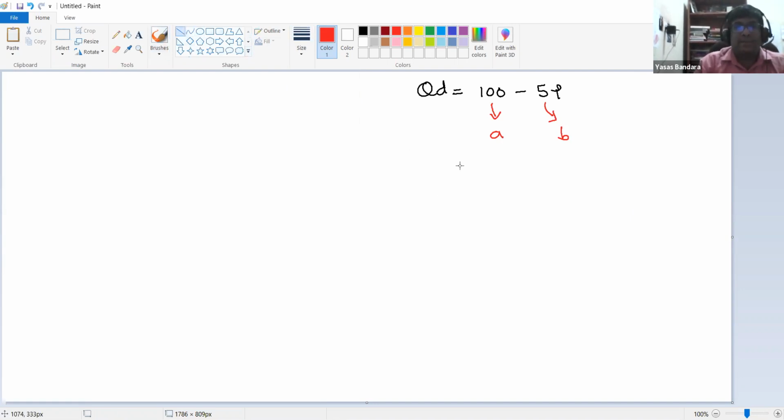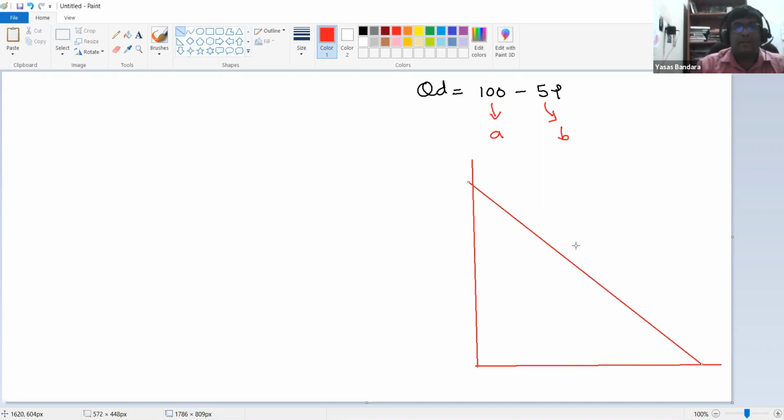And if you draw a quick diagram, you will get a diagram like this. Without scaling, we can draw it quickly, right? And that is the price axis, this is the quantity axis, and the demand curve will go like this, right?